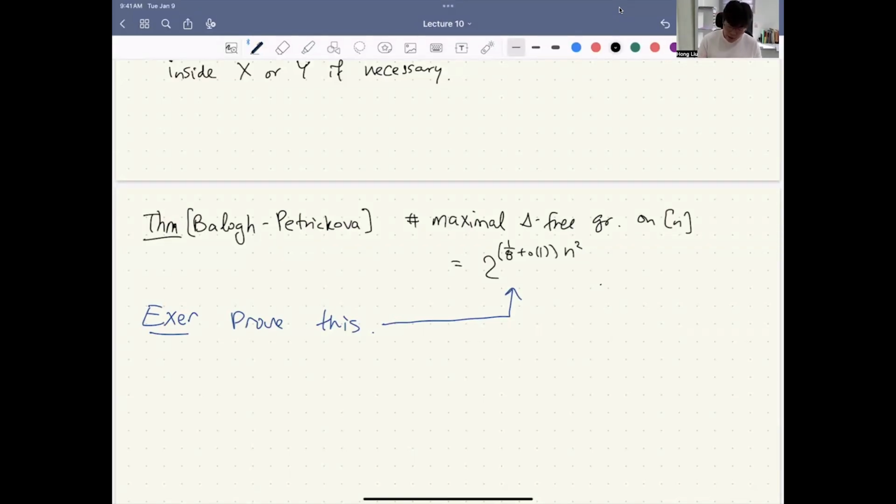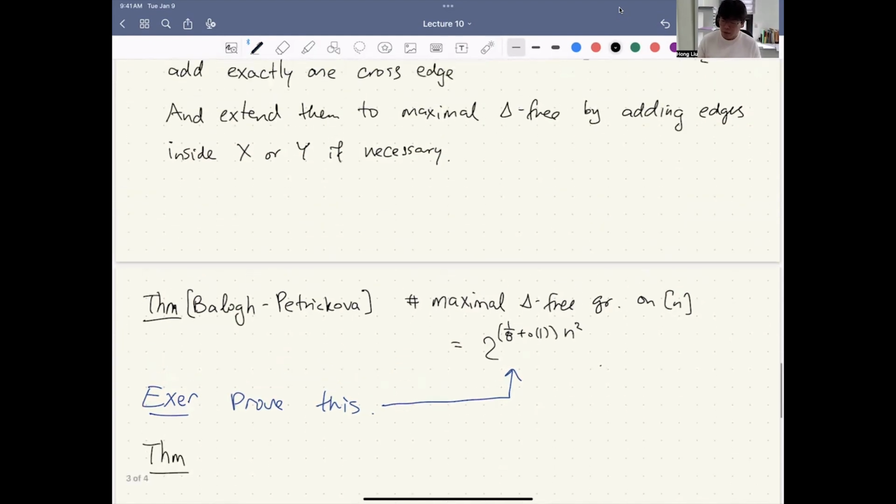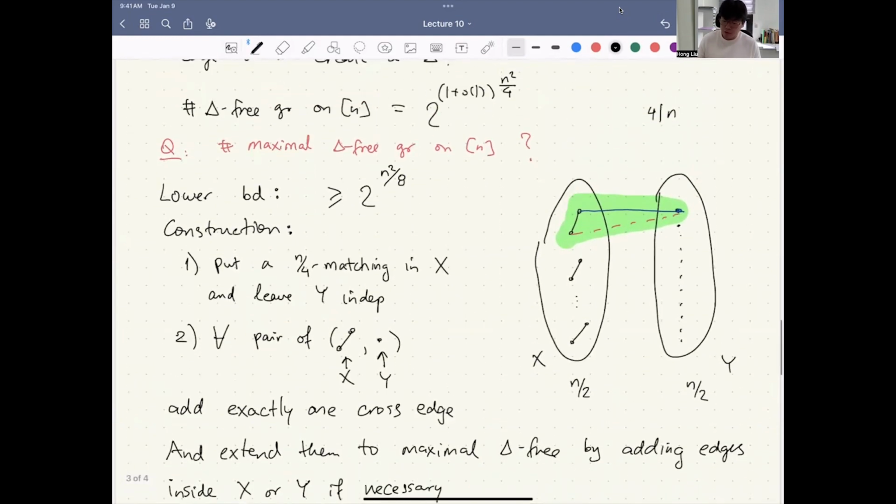Another remark is that this statement was strengthened later. Beyond the counting results, you can even try to describe a typical member of the maximal triangle free graphs. Among all maximal triangle free graphs on n vertices, if you pick one uniformly at random, can you say something about its typical structure?